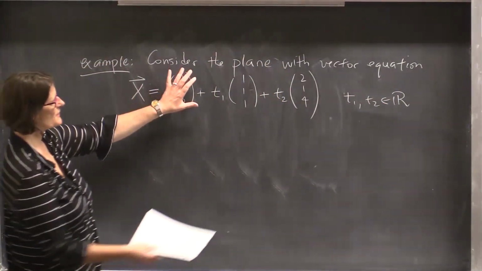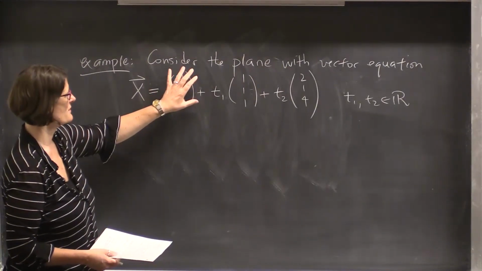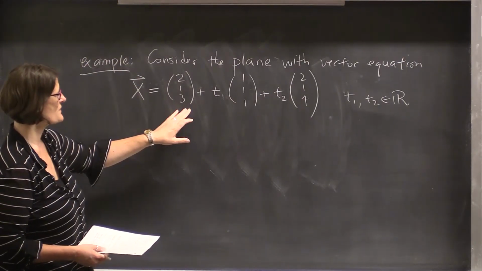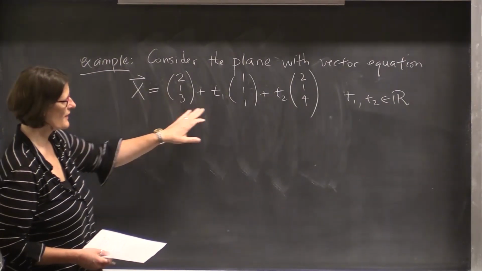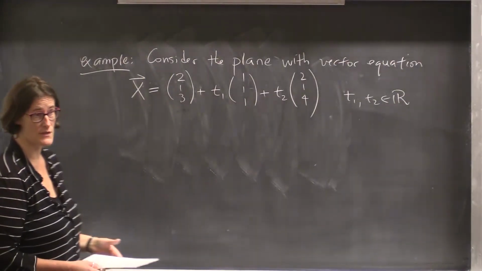So we take all linear combinations of these 2 vectors, which is a plane through the origin, and then we rigidly translate that plane through the origin so that we have a plane parallel to the first plane, but goes through the point with Cartesian coordinates 2, 1, 3.